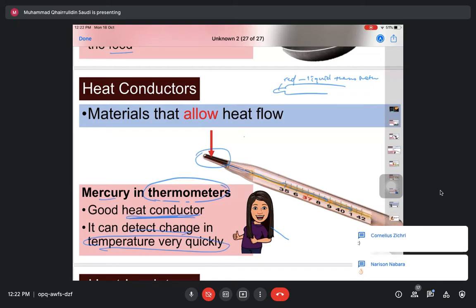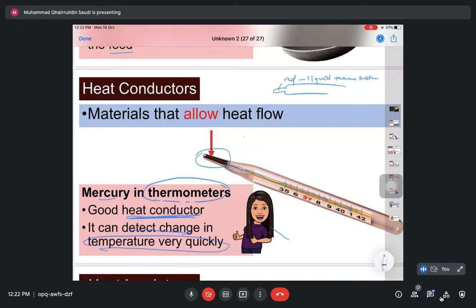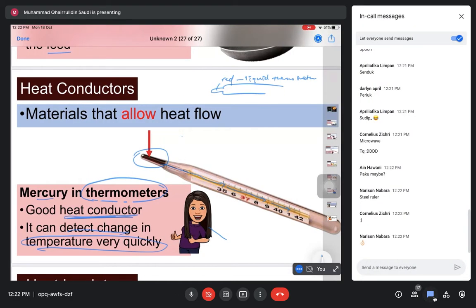But still, it is an example of conductors. Yes, good. Apa lagi yang saya terlepas? What have I missed before? Steel ruler. Yes, steel ruler is also an example of conductors. But sama juga macam tadi, kita tak gunakan kebolehan steel ruler untuk mengalirkan haba. But still it is an example of conductors.